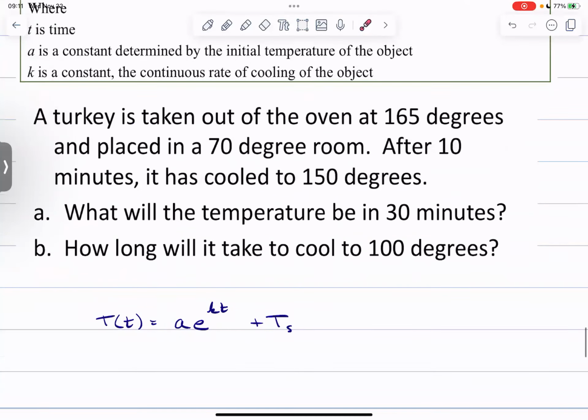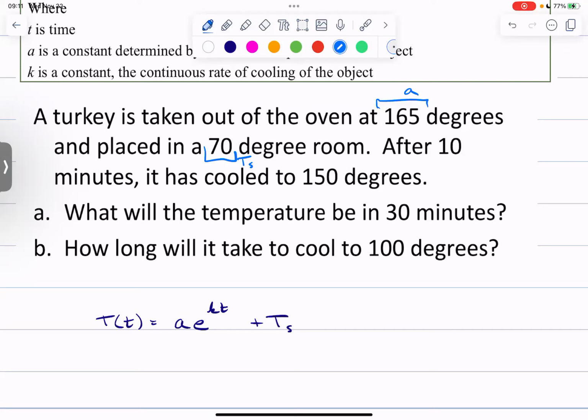Now, if you're pulling it out of an oven at 165 degrees, we're going to assume that the turkey itself is also 165 degrees. And so I'm going to let this be A. It's placed in a 70-degree room, which means that this is my surrounding temperature, which is what it's going to be approaching.